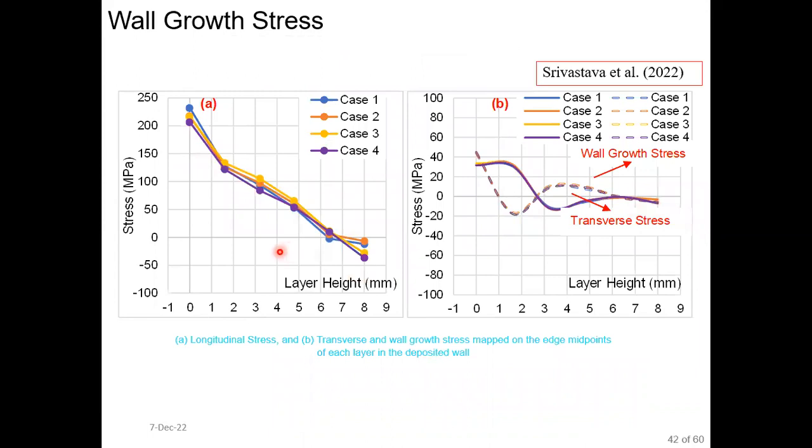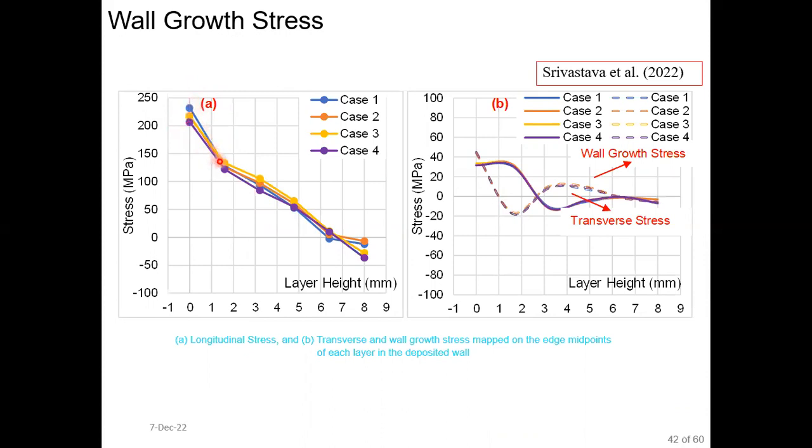As the stress I was discussing is on the substrate, this slide shows the comparison of stress in the deposited component. After the first layer deposition, the value of sigma x, the x direction stress observed in the component, is between 200 to 250 megapascal.